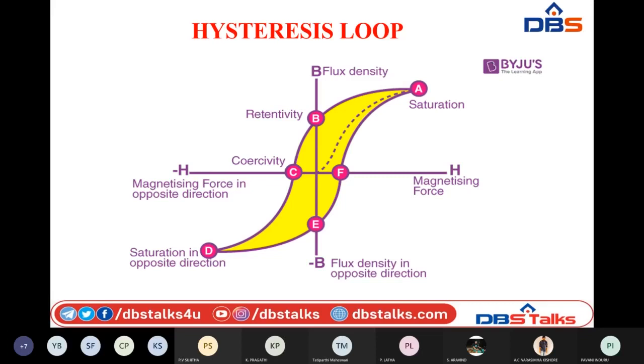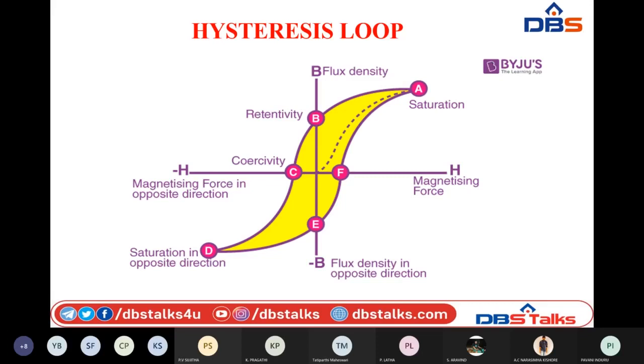complete the cycle. Initially, starting from 0 to point A, the magnetic flux density will increase very rapidly up to a certain point, and after that it will slowly increase until it reaches the saturation level.